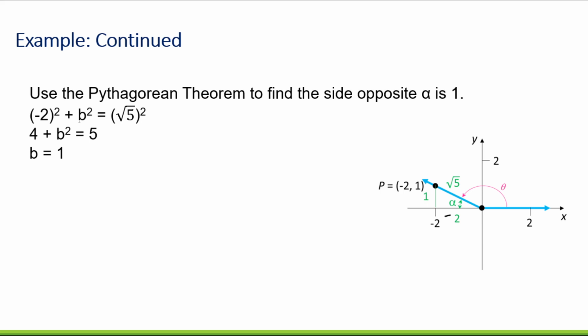So we have a squared plus b squared equals c squared. -2 squared is 4. And root 5 squared is root 5 times square root 5, which is 5. And subtracting 4 from both sides, we get b squared equals 1. So when we take the square root of both sides, b is equal to 1.